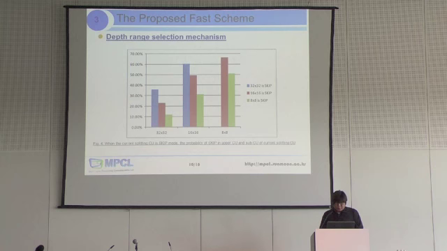Figure 4 shows, when the current splitting CU is skip mode, the probability that CUs at other depths are skip mode. The red bar means the 16 by 16 current CU is skip mode when the upper parent depth CU and the child depth CU are skip mode. So this is the probability.